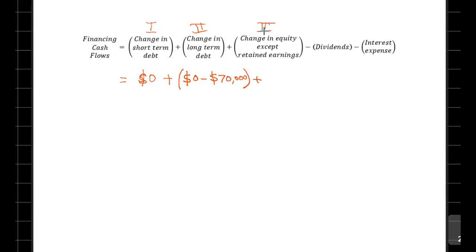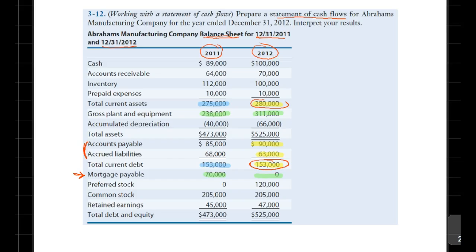Now the third part. We need to be careful on the third part. When we read it in our formula, it would be the change in equity. However, do not take into account retained earnings if any is given. So let's go back to our balance sheet and figure that out. What are our equity items?